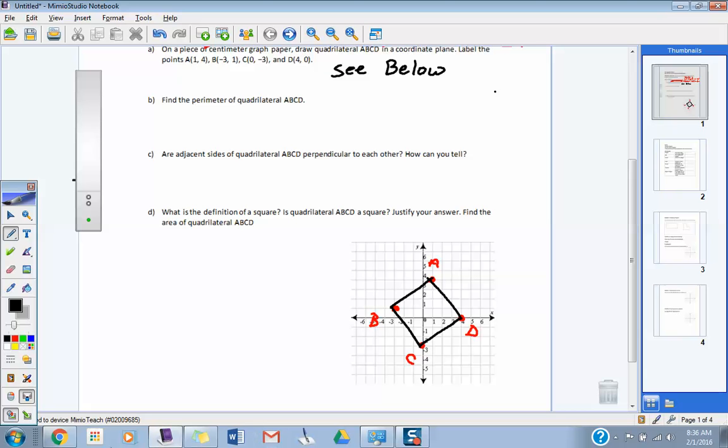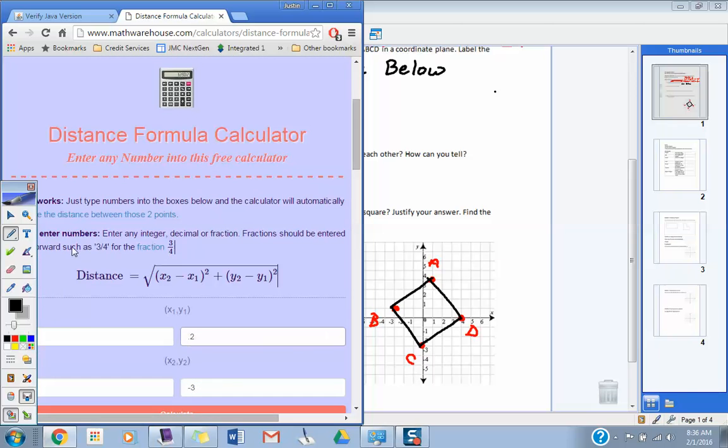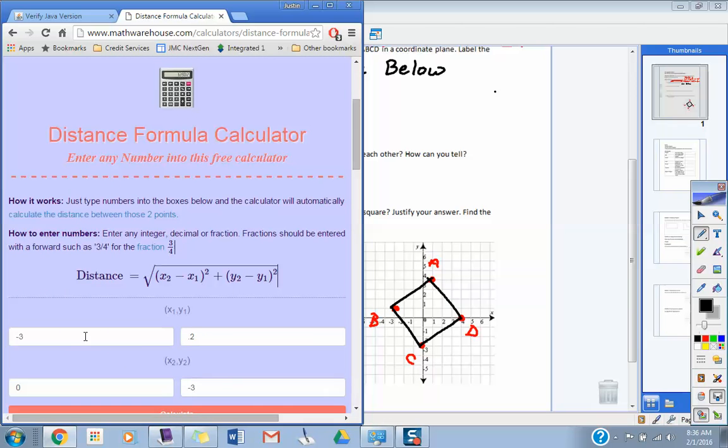Okay, so let's go into our calculator here, and let's put our points in. Okay, I'll show you how this works. Point 1 right here. So it was, what was it? 1, comma 4, is that right? Okay, positive 1, comma 4, wasn't it? And then the next point was -3, comma 1, is that right?